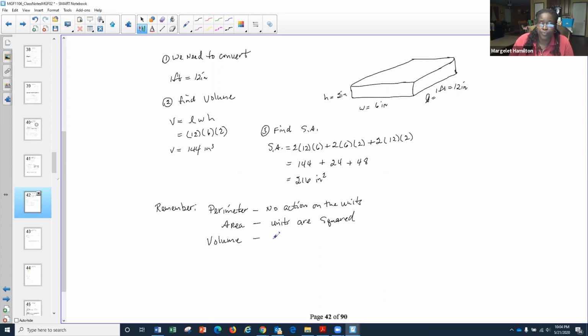Volume, the units are cubed. So regular units, no action, squared, cubed. Very simple.